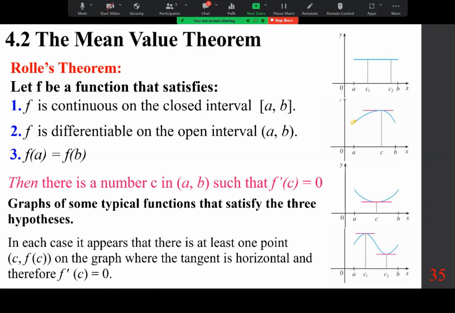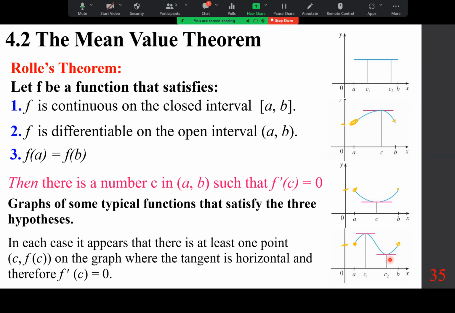Look at this one, and look at this one. If you have two points a and b such that f of a equals f of b, then what it basically means is that if it's not a linear function and it's a curve, because of the continuity, it must have a local max or local min or both.